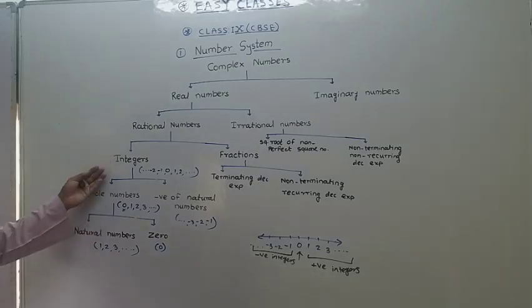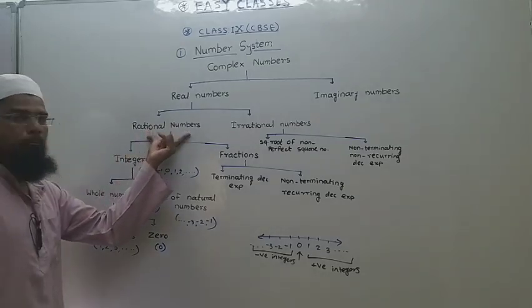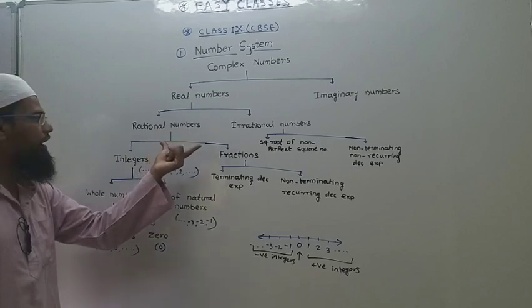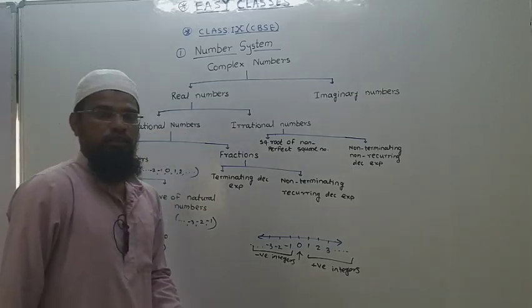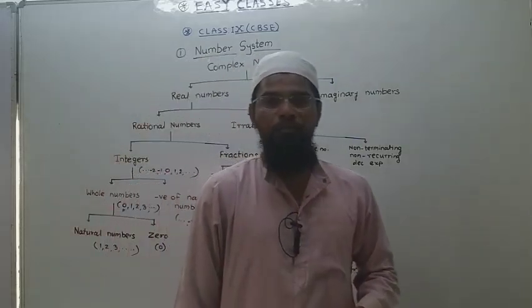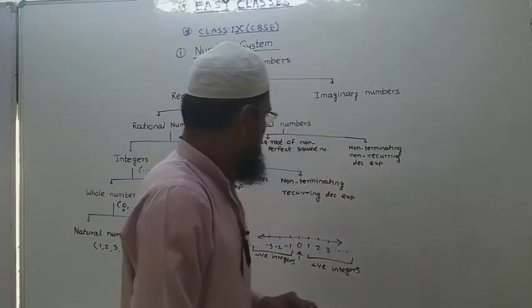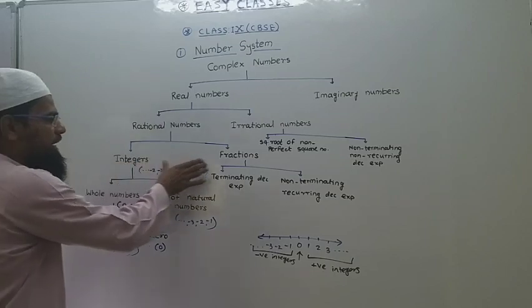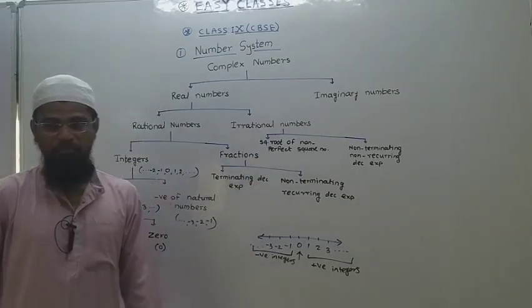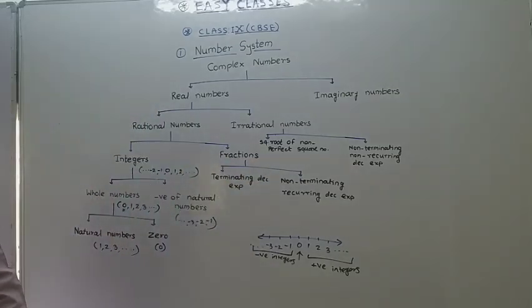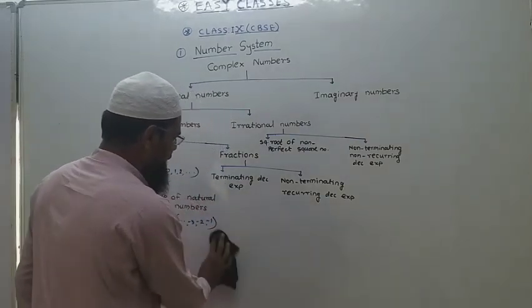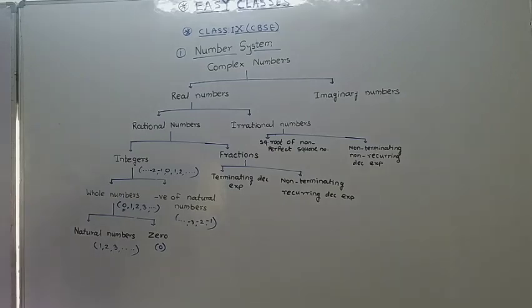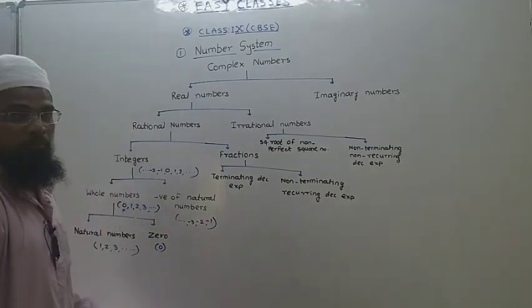Now we concentrate on the rational number. What is the rational number? Actually, a rational number is the combination of integers and fractions.